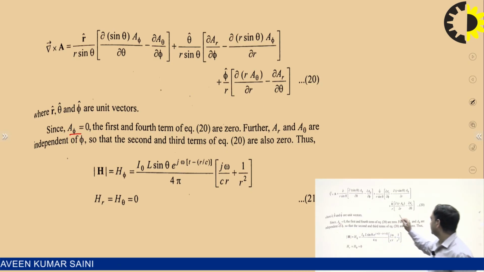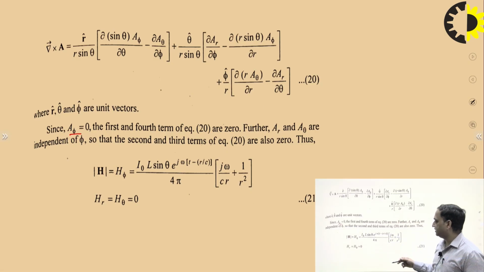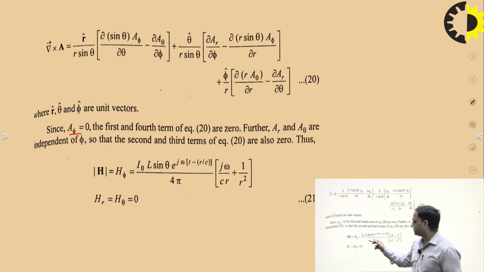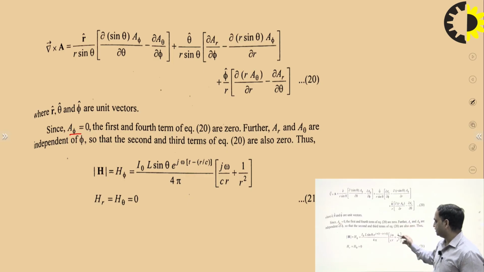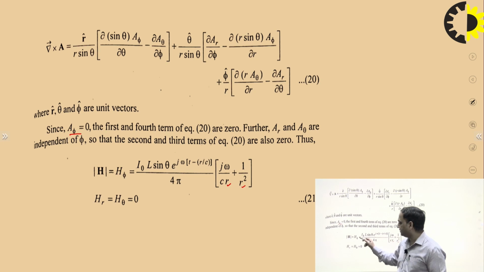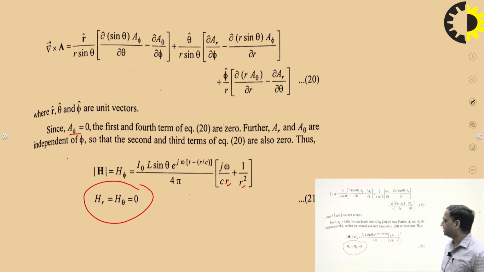Just simply put A phi as 0, and we will get the value of H in the direction of phi. So this will be I naught L sin theta e to the power j omega t minus r upon c upon 4 pi, and j upon c r. Okay, so r is here and r square is here. So here when we take A phi as 0, automatically HR and H theta will be 0.